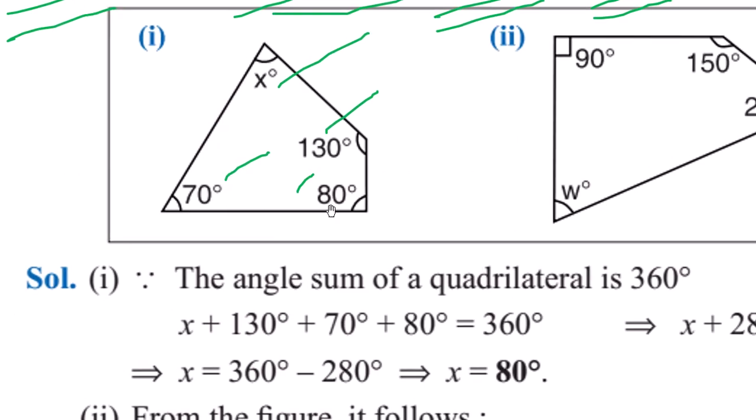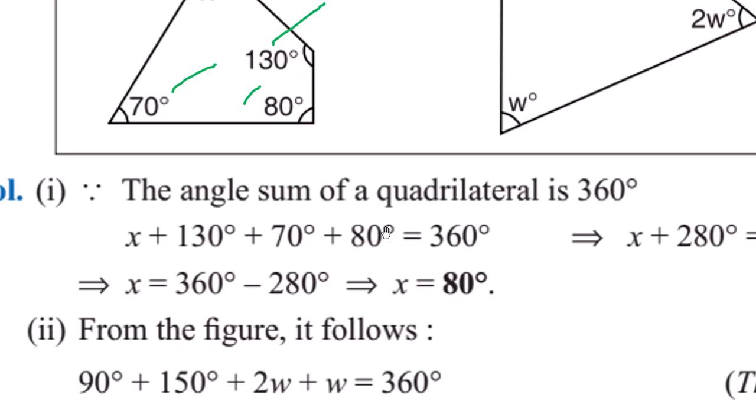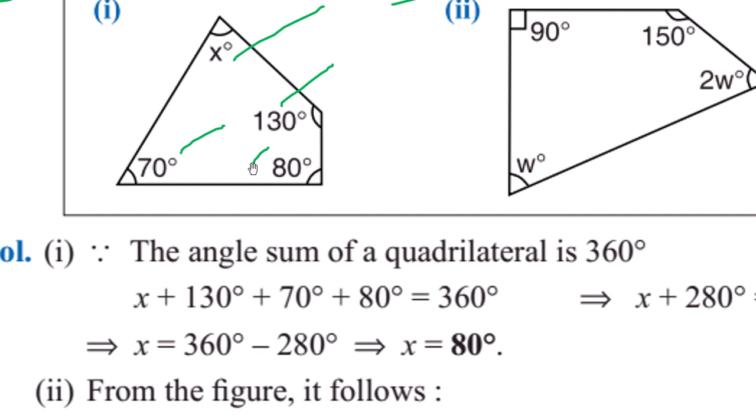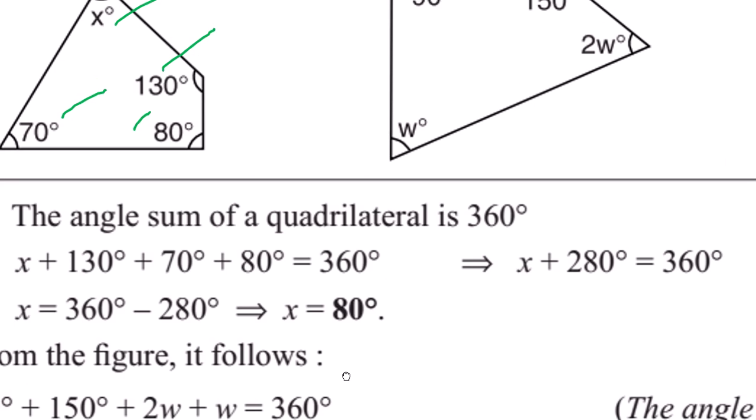So 70, 80, 130, X. What is the angle sum property of a quadrilateral? The angle sum is the interior angle sum. How much? All four angles sum to 360 degrees. So X plus 130 plus 80 plus 70 equals 360. 130 plus 70 is 200, plus 80 is 280. X plus 280 equals 360. X equals 360 minus 280. X equals 80 degrees.